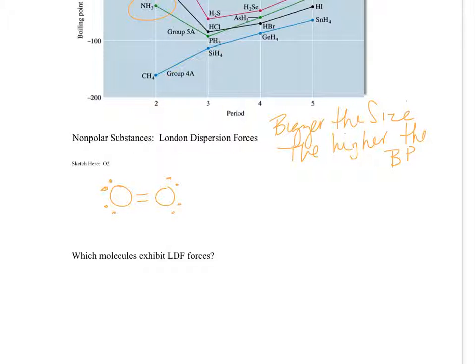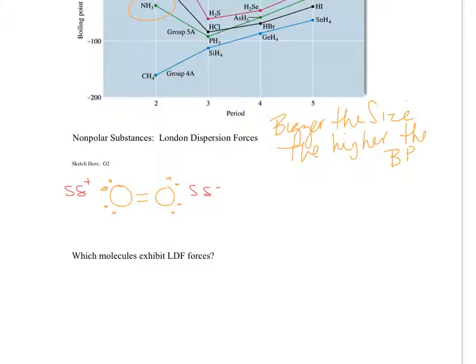And remember that these electrons are constantly moving. So what happens is that because the electrons are constantly moving, there might be instantaneously where one side is slightly more positive and the other one is slightly more negative. I put the S for slight.